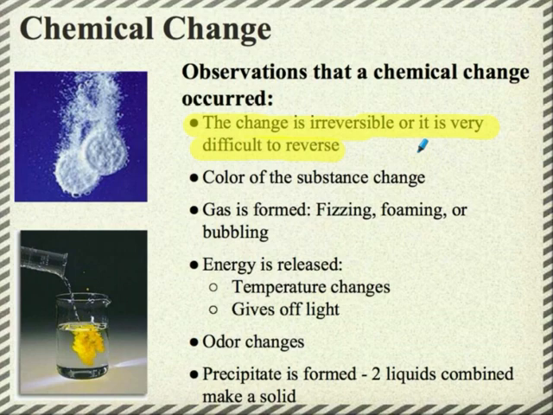That's sodium element and chlorine element combined together to make sodium chloride. That's table salt. All right. It is very, very difficult to separate those two apart and make the regular sodium and chlorine that we used to have.